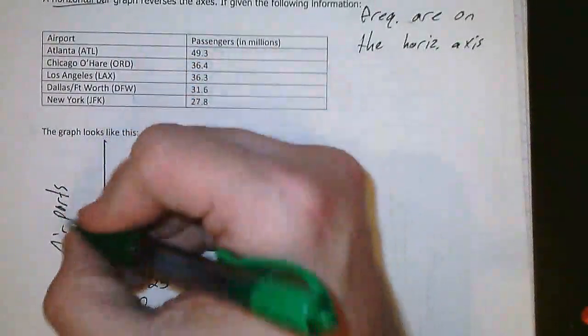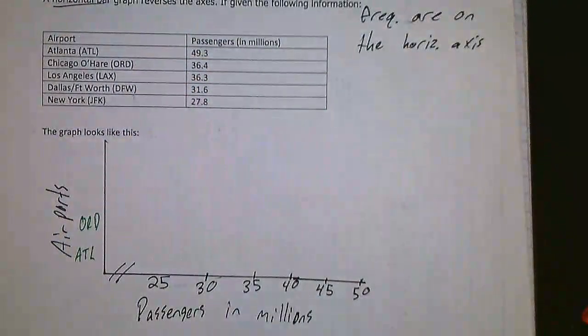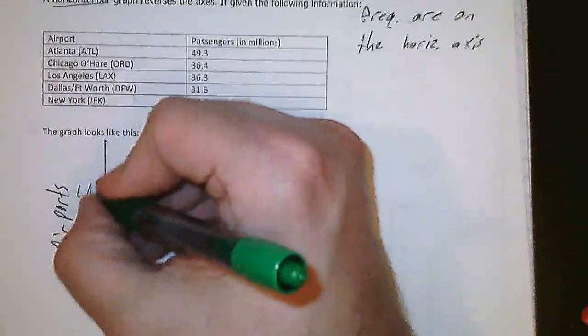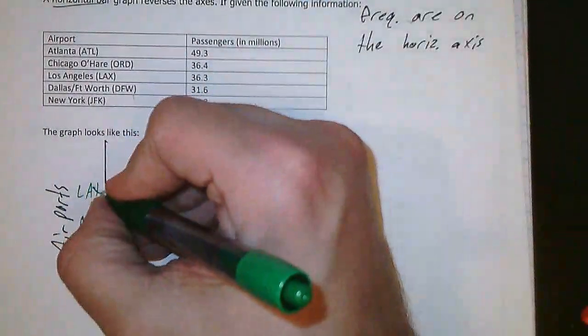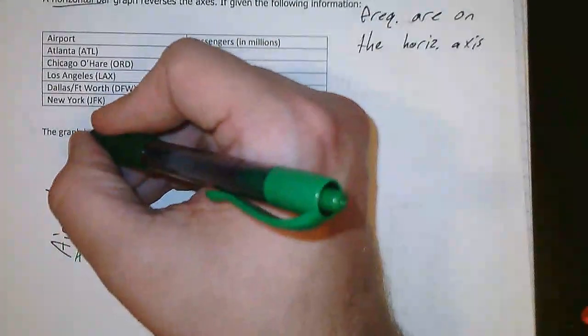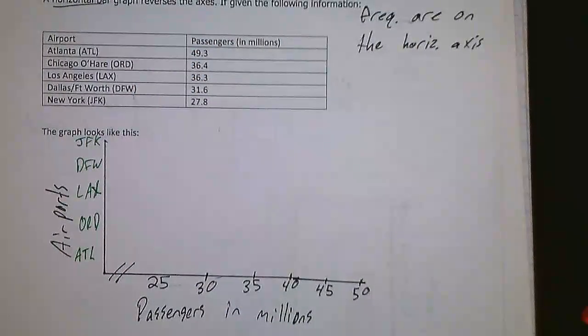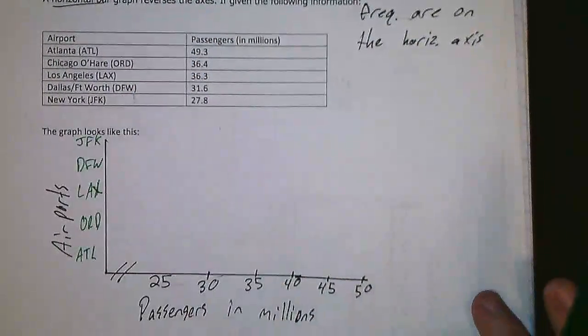We have the Chicago O'Hare, ORD. We have LAX. We have Dallas Fort Worth, DFW. And a little bit cramped here, JFK is one of the airports in New York.